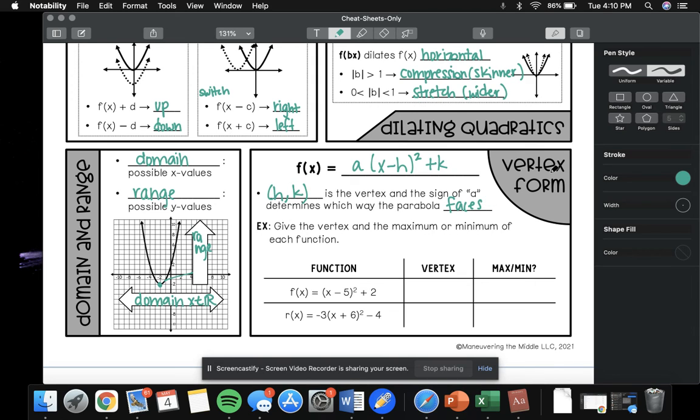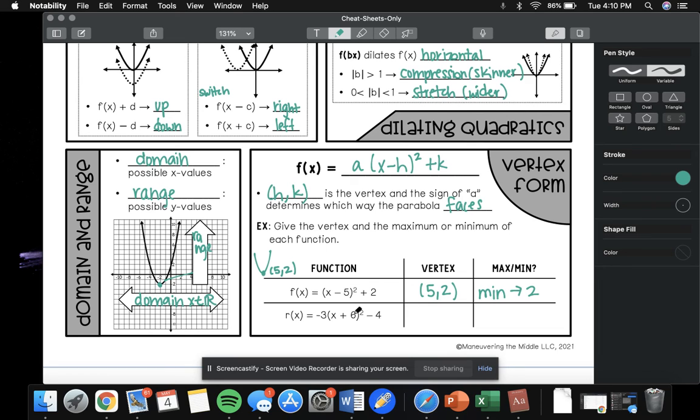It also tells us if it's going to be narrow or wide. So for this one, we look at our vertex, so that would be 5, 2. Our a value is 1, which means it would go up. So that means it would be a minimum, the smallest, and the smallest value it gets to is 2, which is our y coordinate of our vertex.